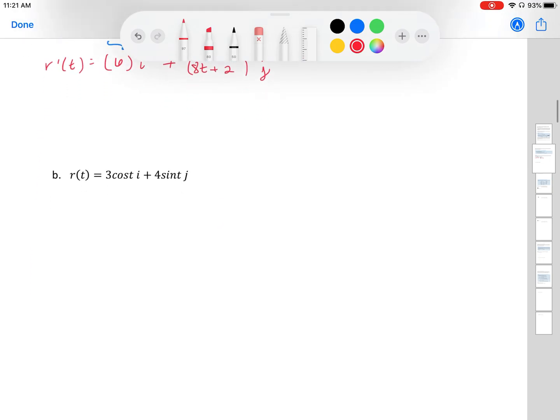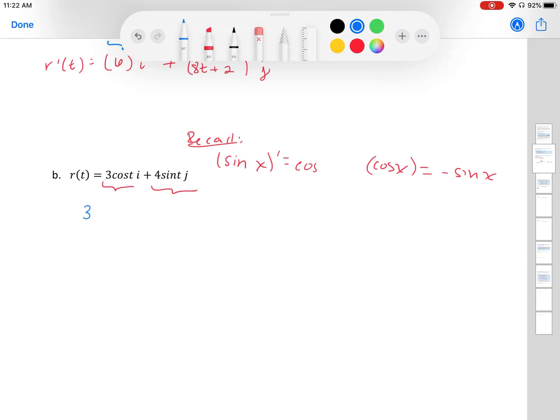Next one, we have r of t is equal to 3 cosine t i plus 4 sine t j. Just to recall, the derivative of sine x is cosine, and the derivative of cosine x is negative sine. Recall these basic ones, because those are the ones you see all the time. So for our first one, let's apply these derivatives.